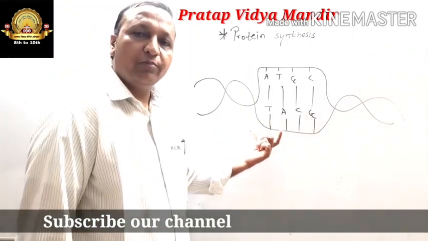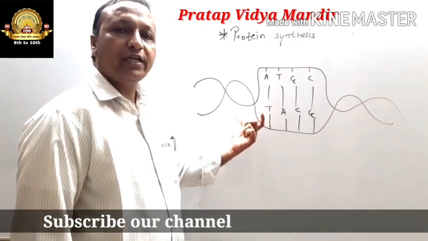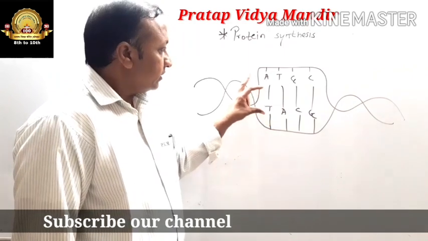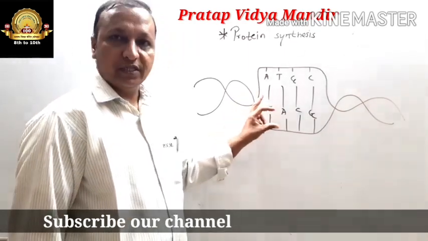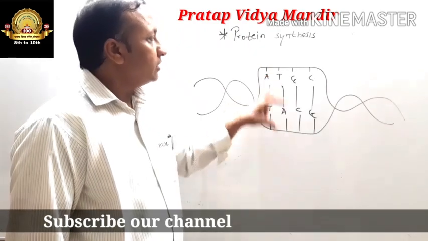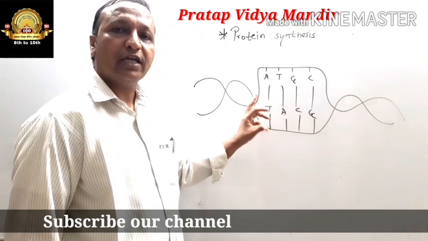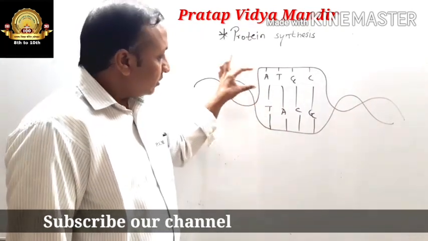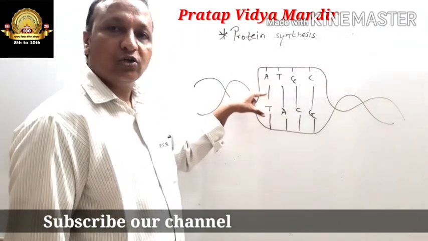Friends, in the process of transcription, the twisted DNA structure in one part of the DNA, also called the effective part, becomes untwisted. Look, these strands are held parallel to each other when the untwisting process starts. Look here, these are the nitrogen bases and there is a hydrogen bond.